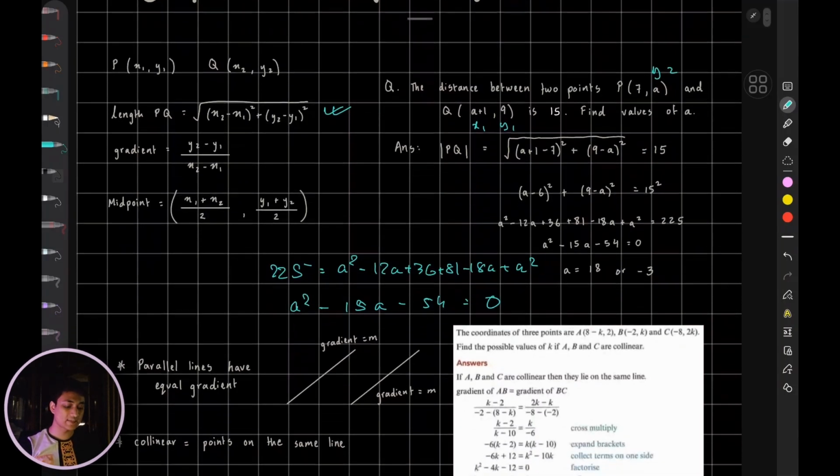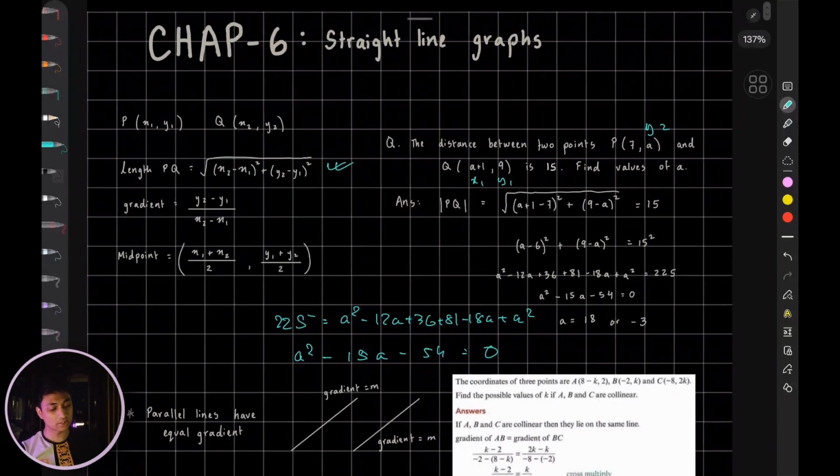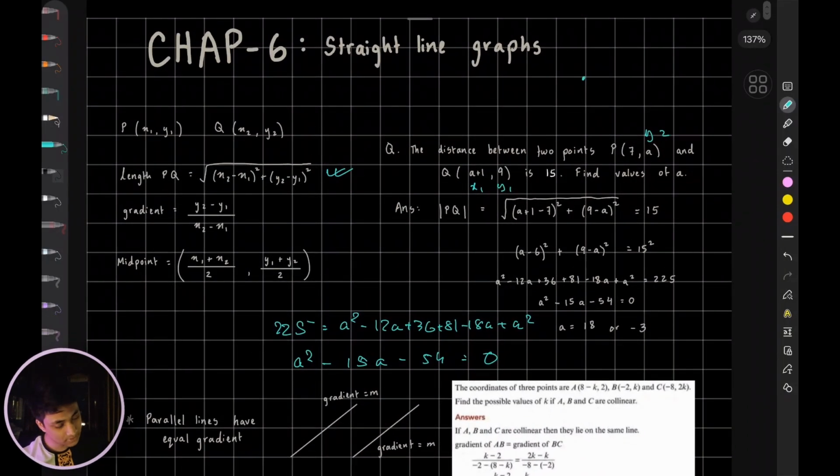Now you may ask, how are there two possible values of a? For example, let me give you this simple example. Let's say this is P and this is Q, right? So this is one possible position for P and Q to have a distance of, let's say, 15 units. Now Q can also be, let's say, on this side, right? Q can also be on this side exactly opposite and still have the same distance 15.